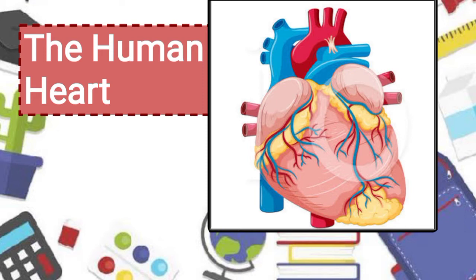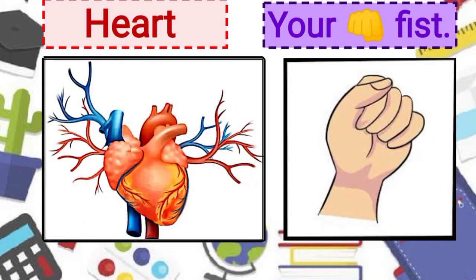The heart pumps blood into the larger blood vessels, which branch into smaller ones to reach all the organs of the human body. The heart also receives blood from all the organs of the body. It roughly measures the size of a closed fist, which means your heart is a muscle about the size of your fist.